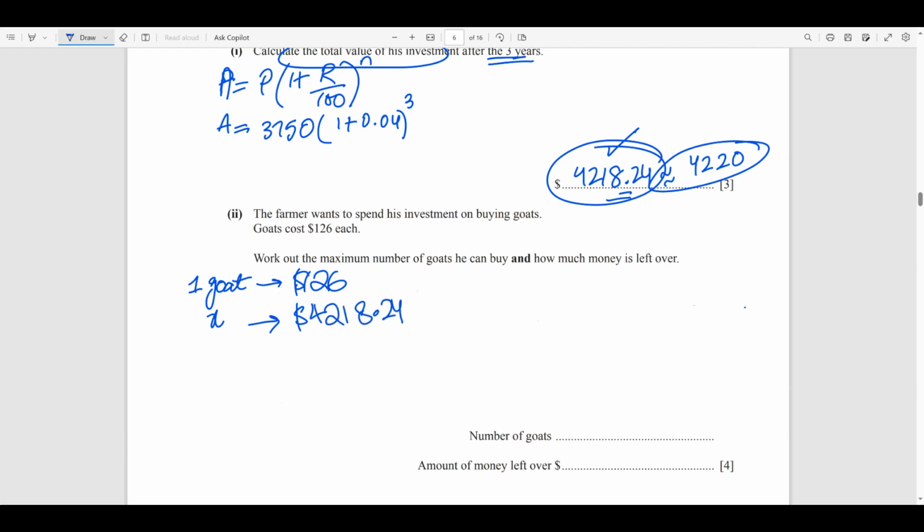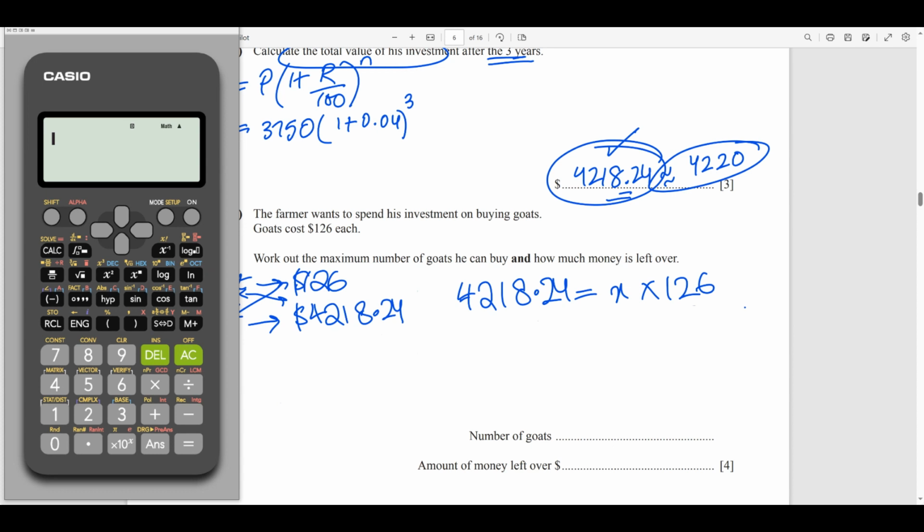Because that's dollars, right? And then you cross multiply because the more goats you buy, the more bill you'll have to pay. So 4218.24 times 1 is equal to X times 126. And when you divide this whole thing by 126, you would get 4218.24 divided by 126.